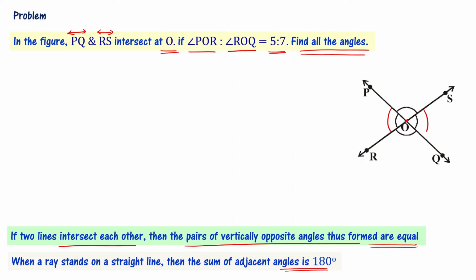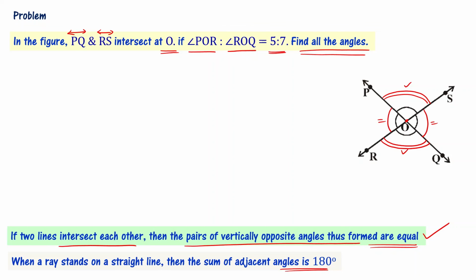This one and this one are vertically opposite angles, and they are equal. This one and this one are equal. Understood? As per this theorem, this one and this one are equal.